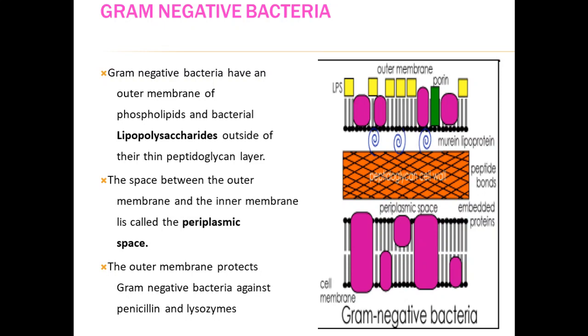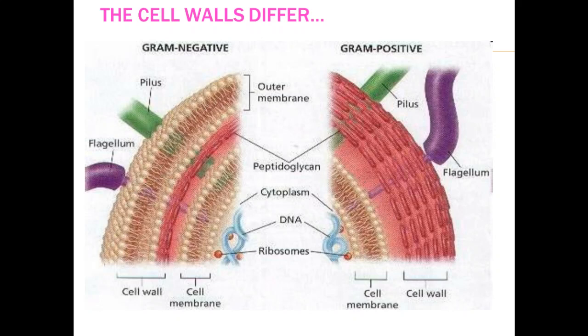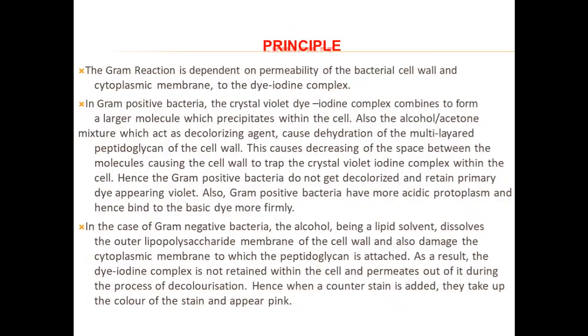When we compare the two, gram positive bacteria have a thick layer entirely made up of peptidoglycan, whereas gram negative bacteria, on the left hand side, have a thin layer of peptidoglycan and, apart from it, another outer layer called the outer membrane, made up of lipopolysaccharides.